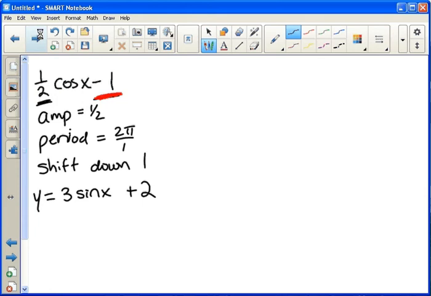So let's draw this again. So normally the midline is at 0. However, we've been shifted down 1. So one way you could start is by marking negative 1 and drawing your midline. Now you know, based on the amplitude being 1/2, that you should go up 1/2 from there and down 1/2 from there.